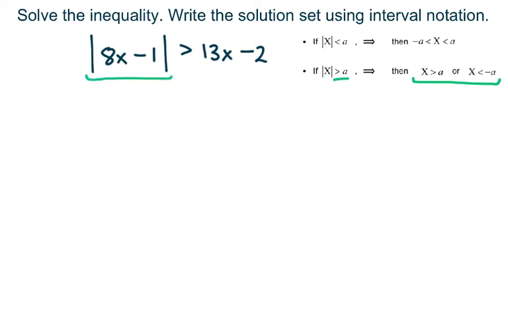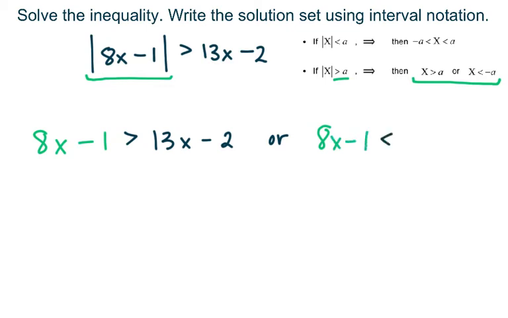So we're going to take that expression, 8x minus 1, and it's going to be greater than 13x minus 2, or that same 8x minus 1 is going to be less than the negative of 13x minus 2. Okay, so greater than the positive of what we have, or less than the negative, the opposite of what we have. Greater than the positive or less than the negative.